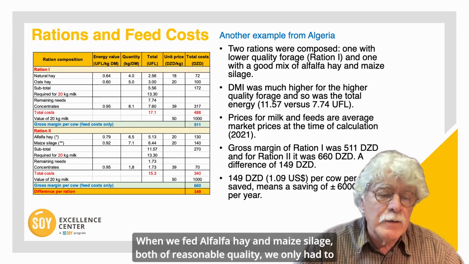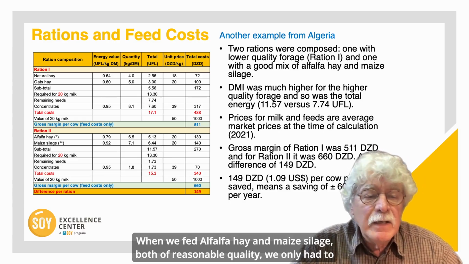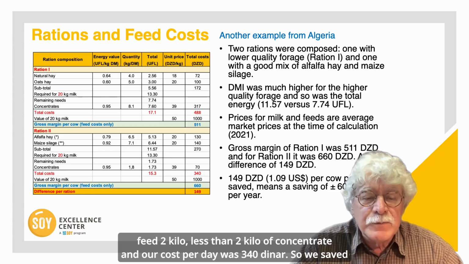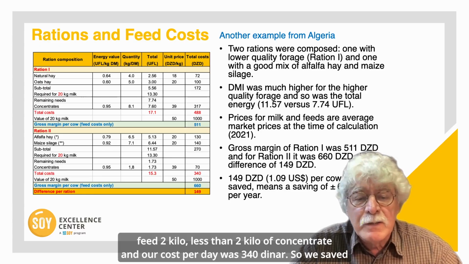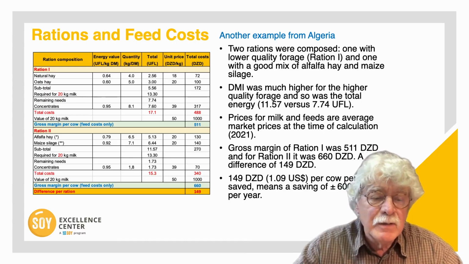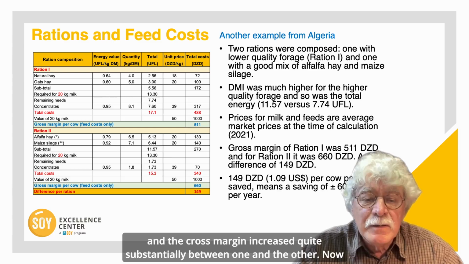When we fed alfalfa hay and maize silage, both of reasonable quality, we only had to feed less than 2 kilo of concentrate, and our cost per day was 340 dinars. So we saved 149, and the gross margin increased quite substantially between one and the other.